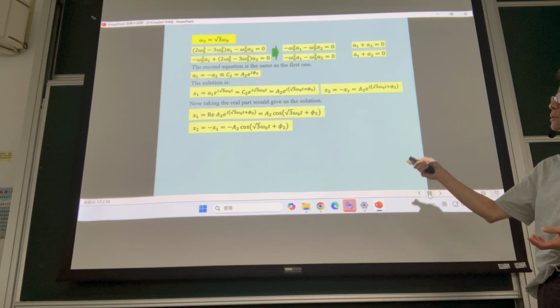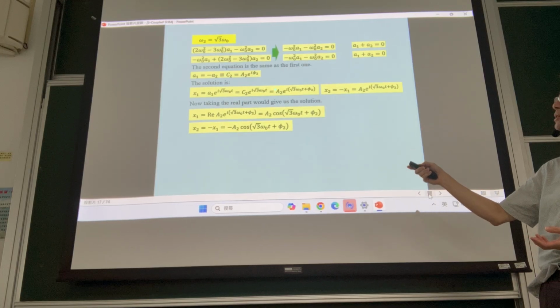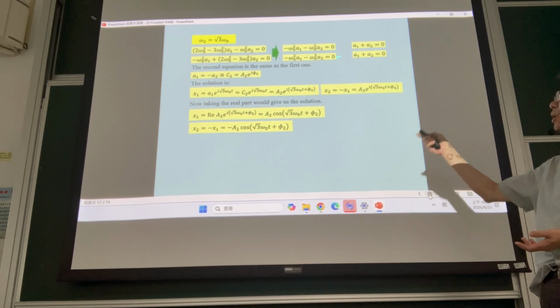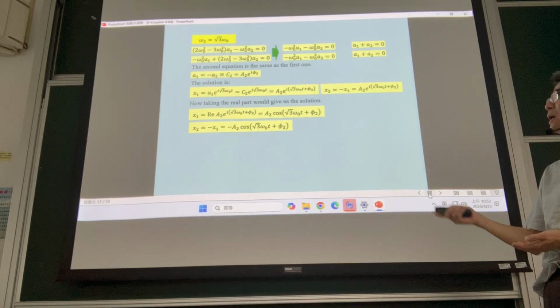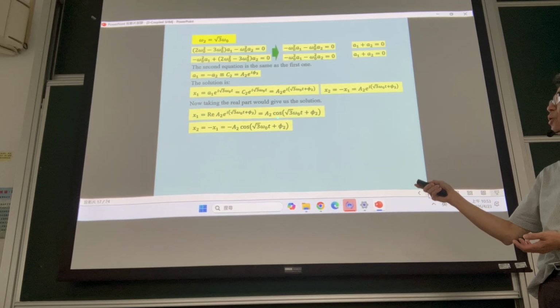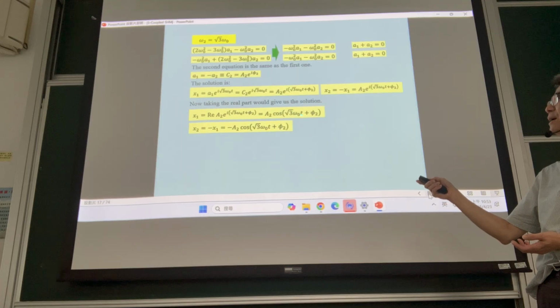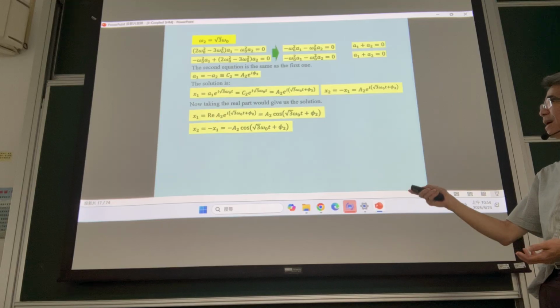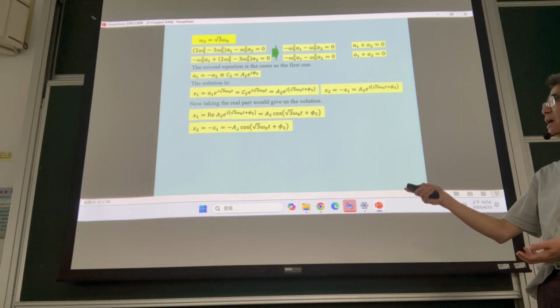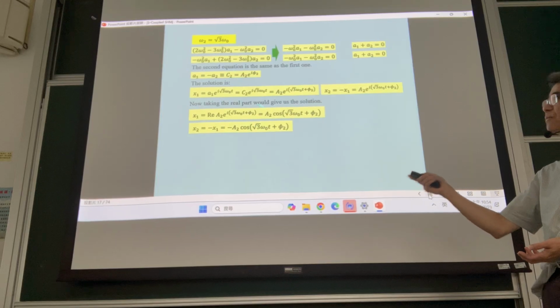And if you combine the arguments, you can see that it is A2 exponential i (square root 3 omega 0 t plus phi 2). Same story for x2, so I don't repeat it again. For x1, when you take the real part, it becomes cosine of (square root 3 omega 0 t plus phi 2). How about x2? x2 is minus x1, so it's minus A2 times the same cosine function.